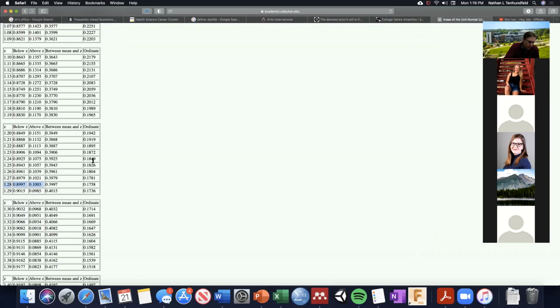So a word problem that would indicate you want the distance between the mean and z would be something like, what is the proportion of scores that correspond to the top 10%, right?